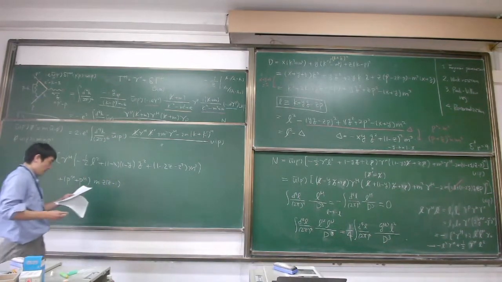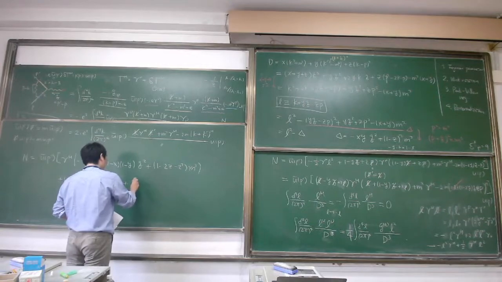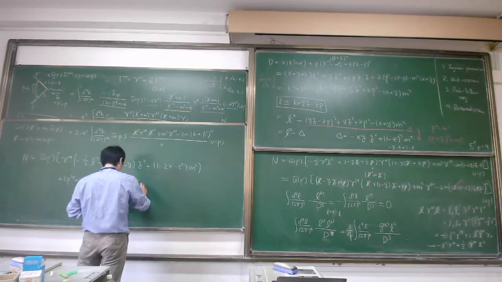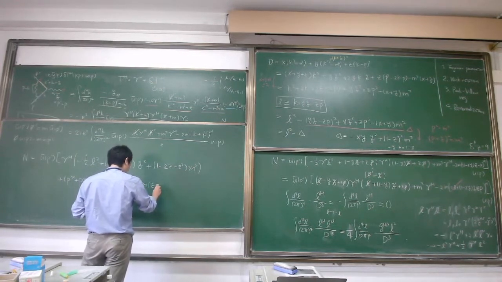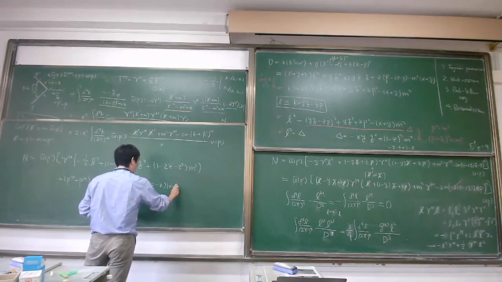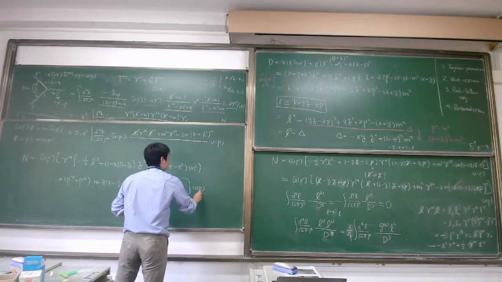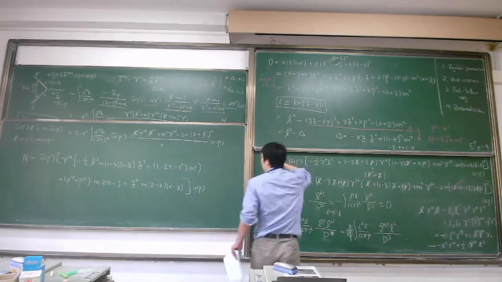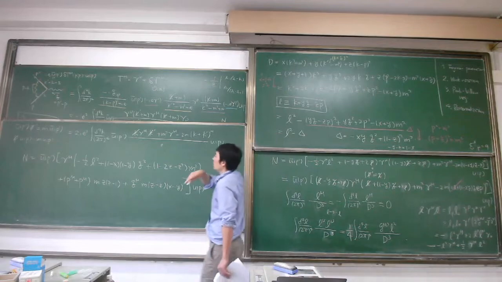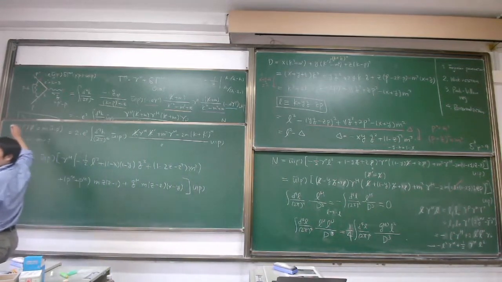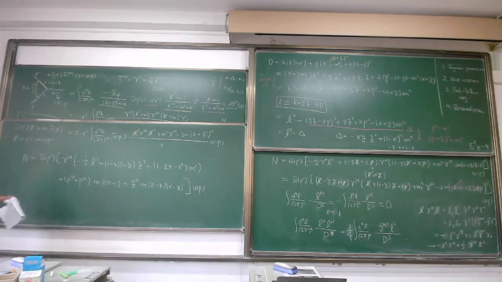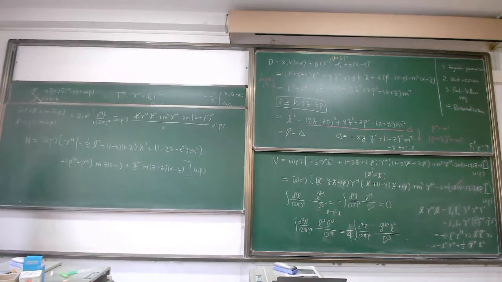And also, you have the q mu m. So from this step to this step, you have to do a little bit of algebra. So at the end of the day, you get this equation. Okay?